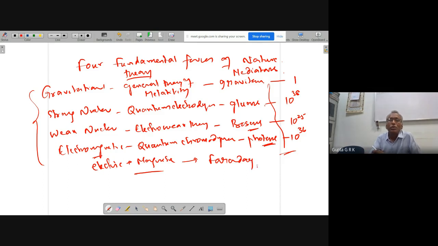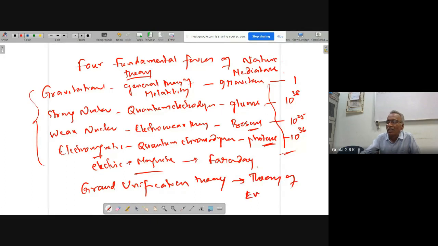Now people wanted to unify all these four theories, all four forces, which the science is called the grand unification theory. And this is also called the theory of everything. There are books available with the title theory of everything, like that. A lot of work is done on this grand unification theory. And there is one Pakistani scientist called Abdus Salam.